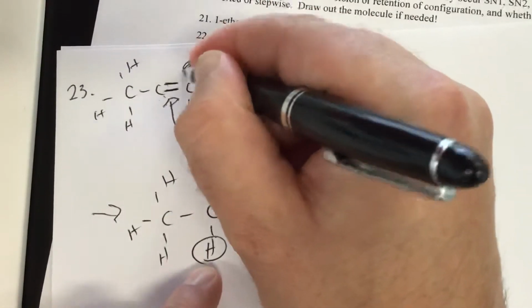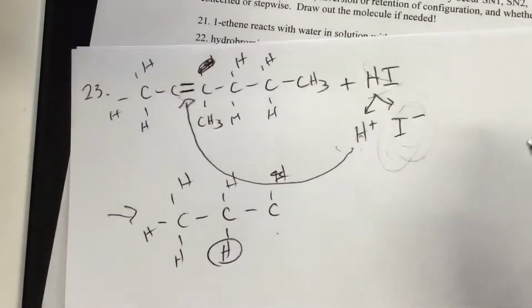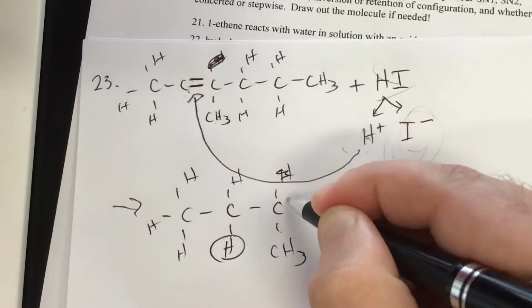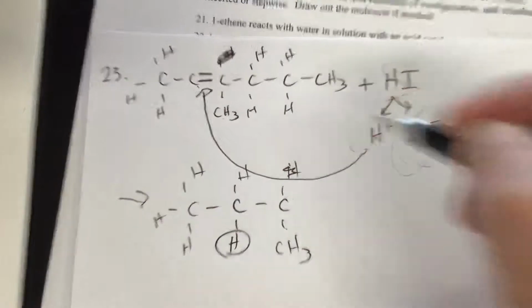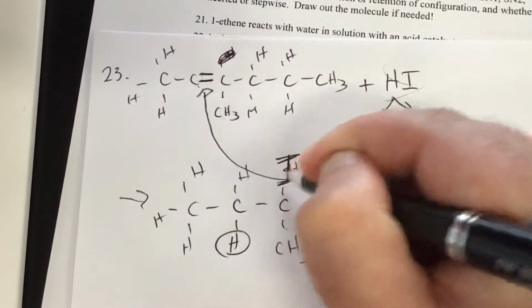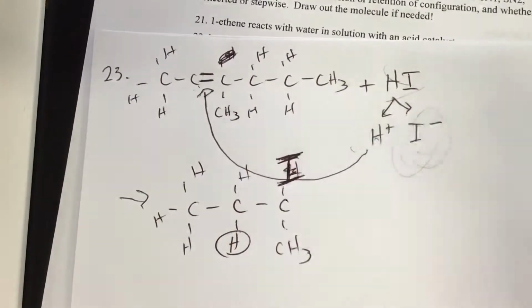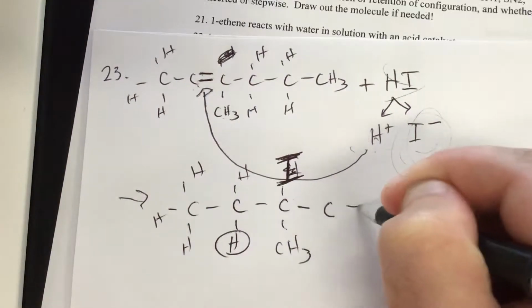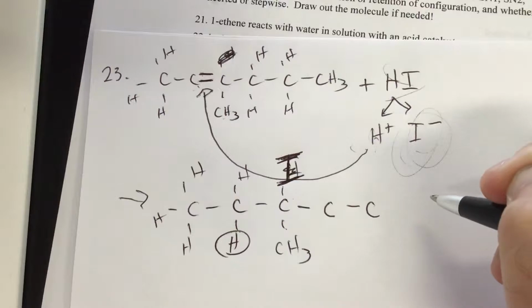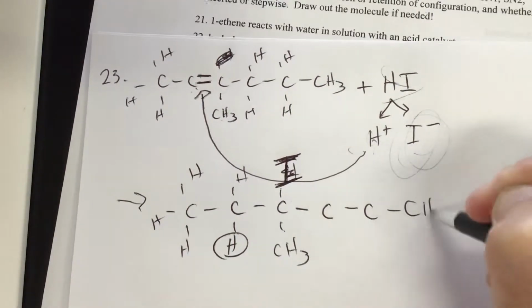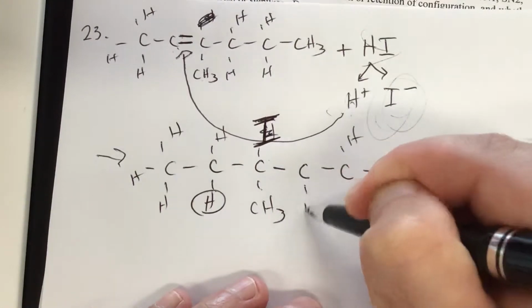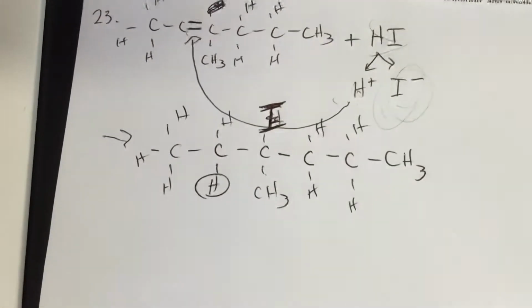That one of course shouldn't have had that extra hydrogen, or else it would have had too many. So that's got our CH3. This is going to form our carbocation, which is going to be stabilized by our iodine. That's what it's going to look like.